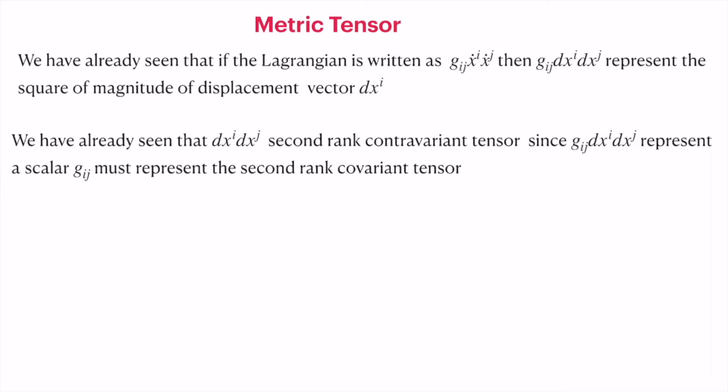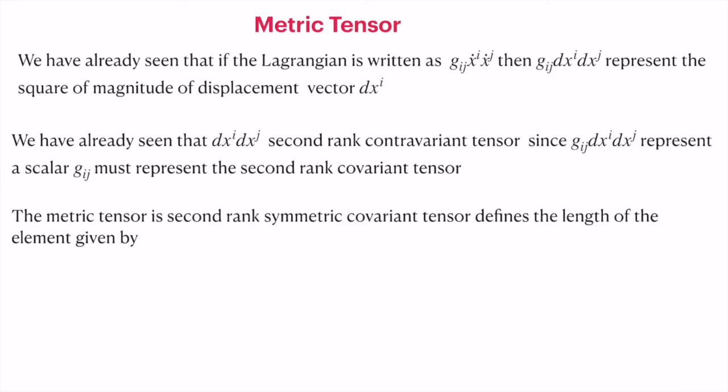That means the tensor g_ij should be a second rank covariant tensor. A metric tensor is a second rank tensor which represents the distance between the 2 points, where the distance dx squared can be written as g_ij dx^i dx^j.